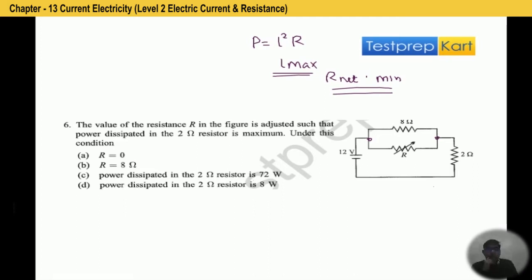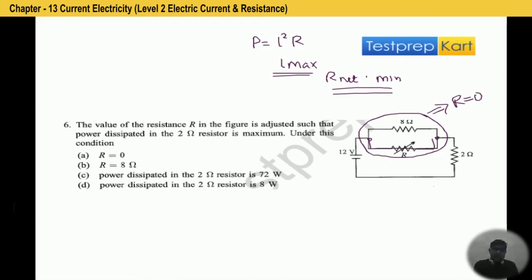So when this R net will be minimum? Yes, R net will be minimum if this combination reduces to 0. Right. And when can this combination reduce to 0? If you short circuit this element.